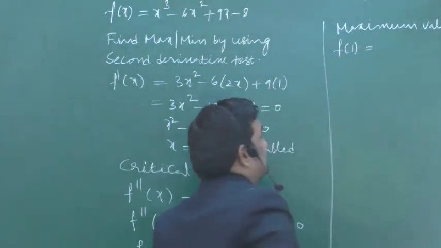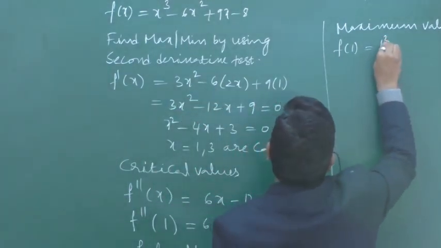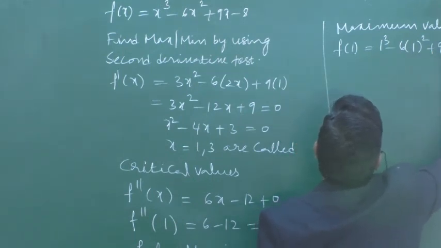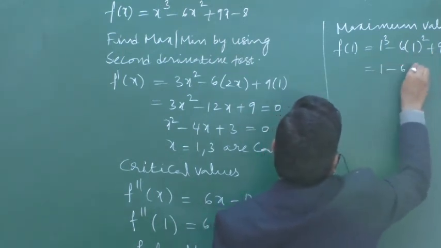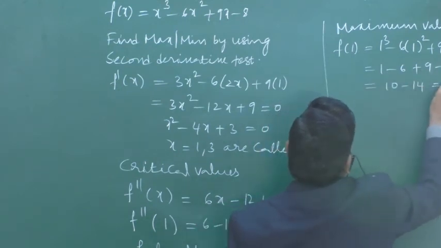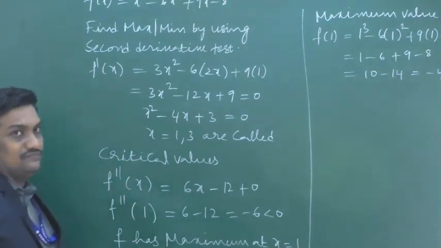So write x equals 1 in the given function. It will be 1 cube minus 6 into 1 square plus 9 into 1 minus 8. It is 1 minus 6 plus 9 minus 8. It is 10 minus 14, it is minus 4. Minus 4 is the maximum value of the given function.